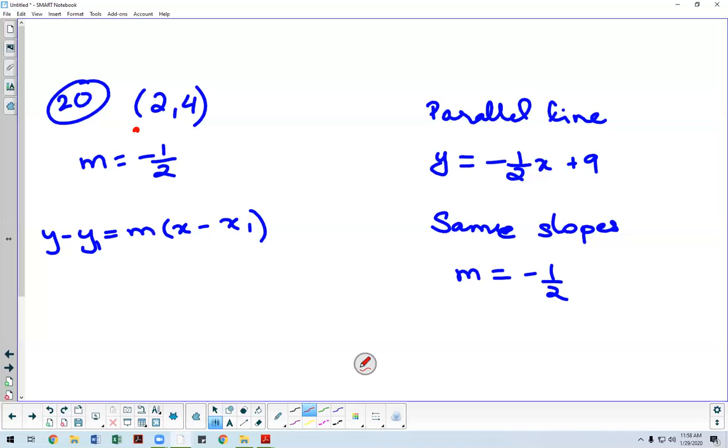So in this case, this point would be my (x1, y1): y minus 4 equals -1/2 times (x minus 2). We don't really have anything to clean up, which means you can start directly by distributing this inside the parentheses.